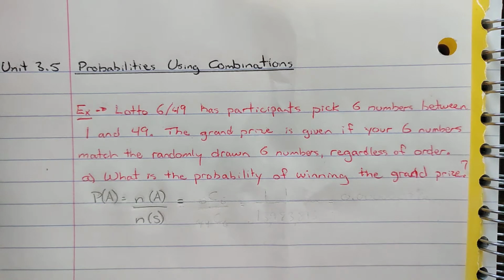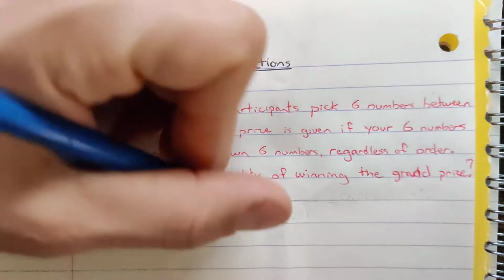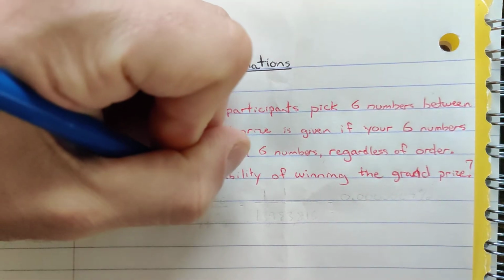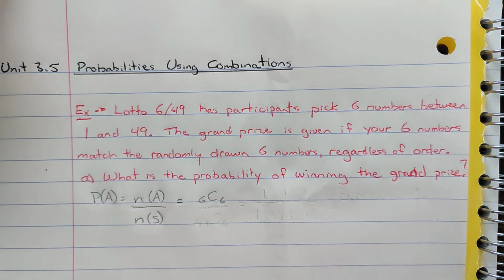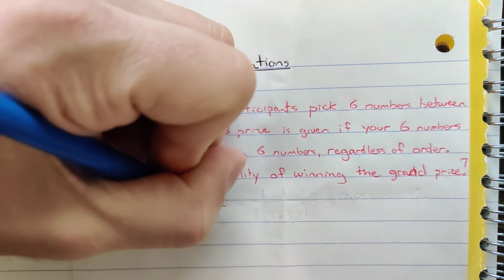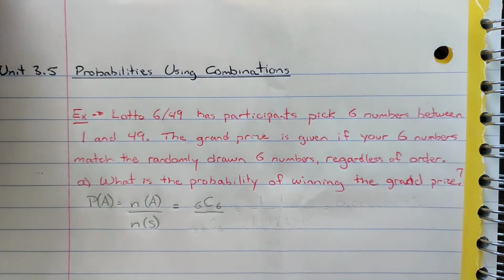Well, how many? If there's 6 numbers they draw, it's just those 6 numbers. So there's only one way to win. You have to match all 6. Mathematically, we have 6 numbers to choose from, and we have to choose all 6. We could just put a 1 there, but this will help out with the next part.